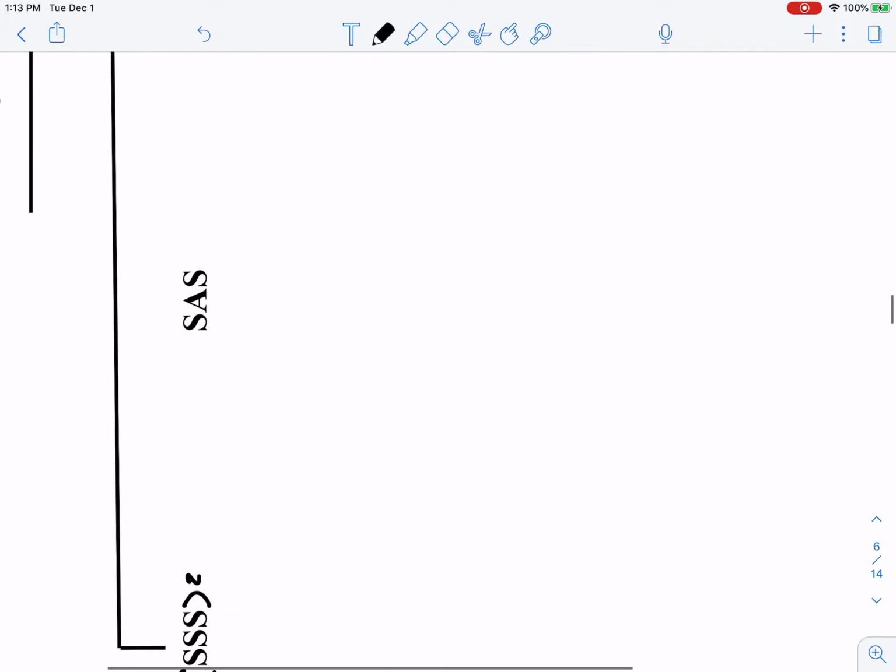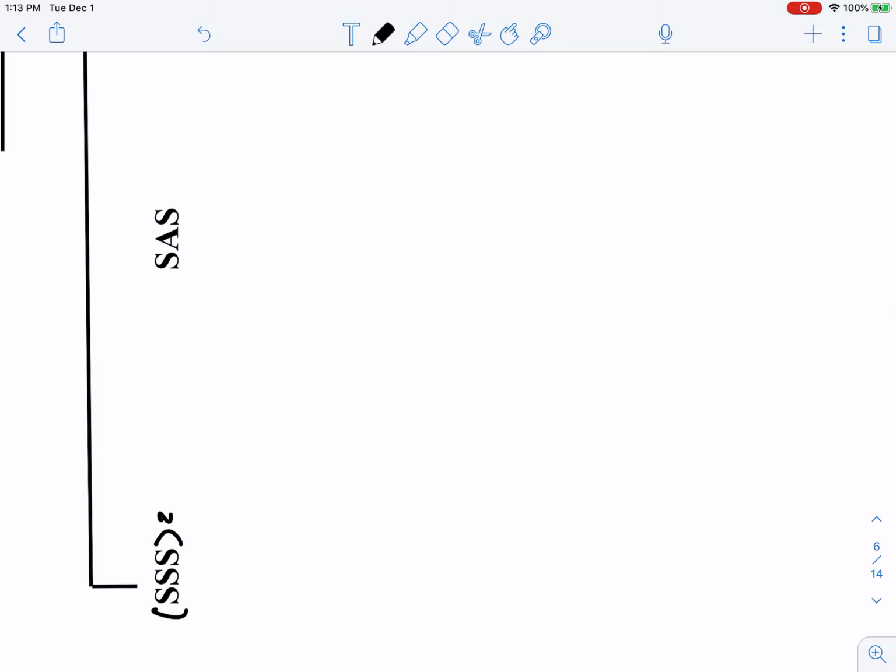So this SSS times 2 would be 1, 2, 3, 4, 5, 6 S's. What this means is that you need to know all 6 sides of 2 triangles in order to use this theorem. If you don't, you cannot say these triangles are congruent by side, side, side.